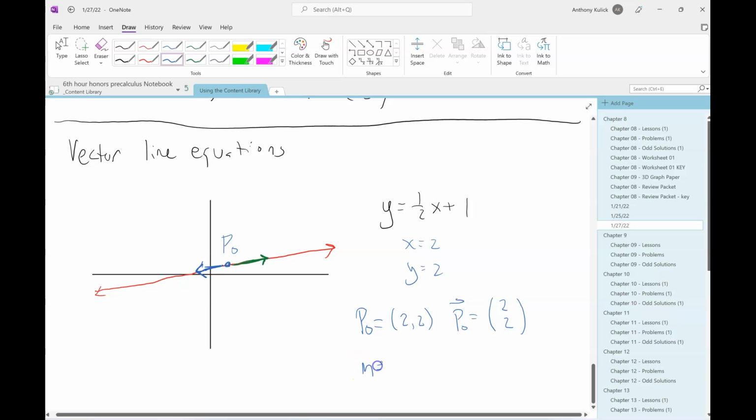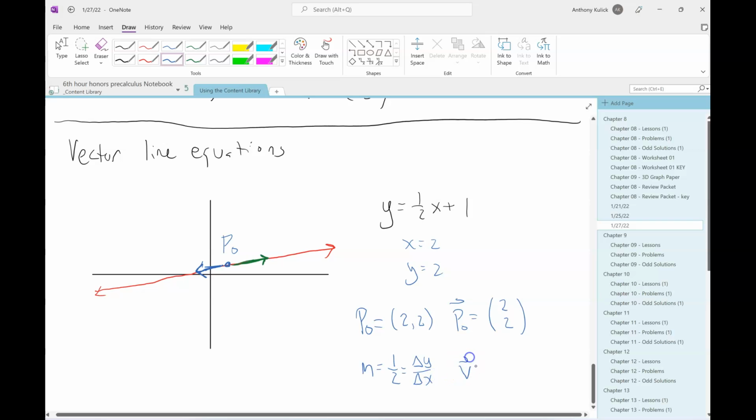So the slope for our equation is what? 1/2, right? And back in the day, how did we calculate the slope? Rise over run, okay. Or specifically, change in y over change in x. I like that.